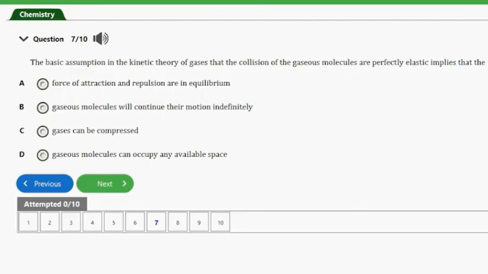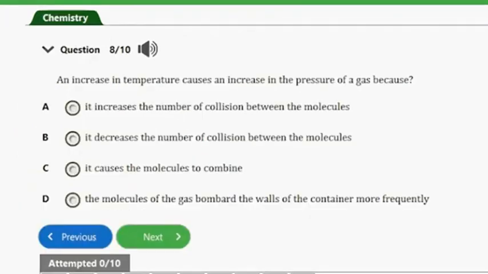So guys, the answer to this question is option B. Gaseous molecules will continue their motion indefinitely. This actually implies that there is no loss of energy after collision. So that's the basic assumption in the kinetic theory of gases, that collision of gaseous molecules are perfectly elastic. So let's consider the next question.